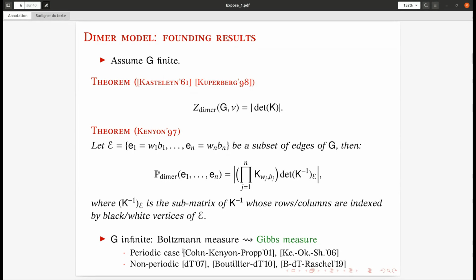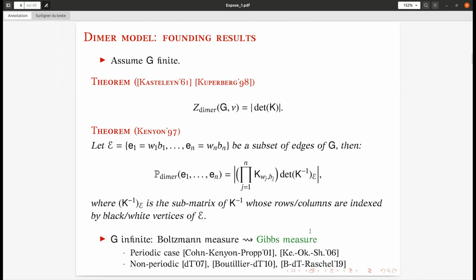So when your infinite graph is periodic, then you have explicit expressions due to Cohn, Kenyon, and Propp. So they handle the specific case of Z^2. And this has been generalized to all bipartite graphs by Kenyon, Okounkov, and Sheffield in 2006 in a paper in Annals of Math.